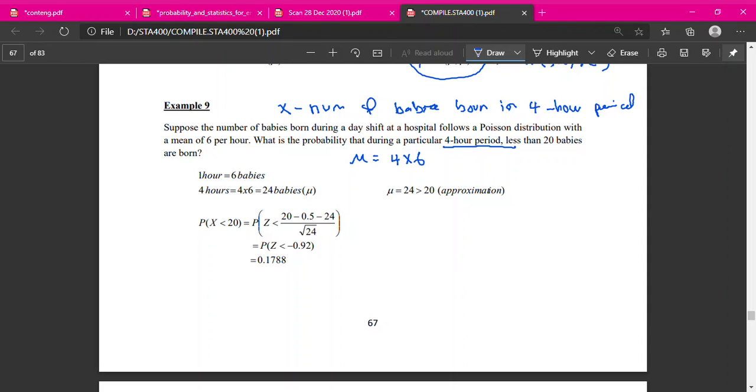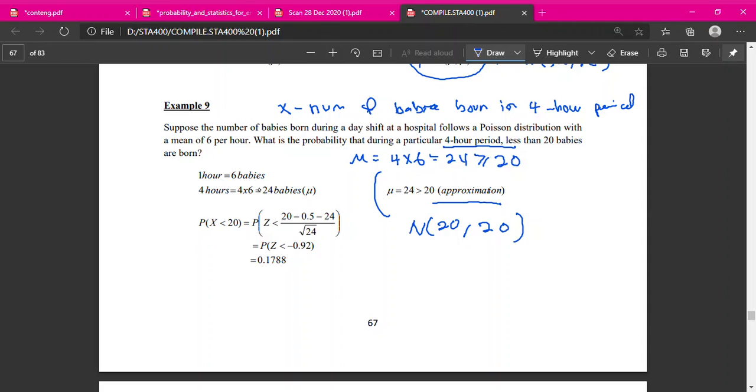Sebab 1 hour, 6 babies born. So, in 4 hours, it is 4 multiply 6, which is 24. Because 24 is more than or equal to 20, so we need to do approximation kepada normal. So, kena tukar kepada normal with mean-nya adalah mu, which is 24, dan variance also 24.